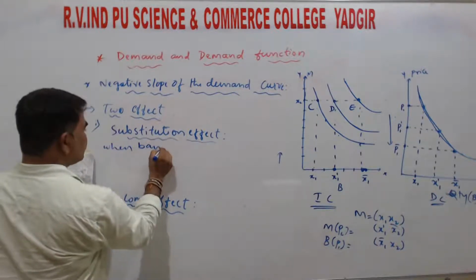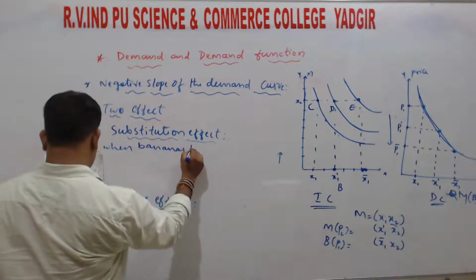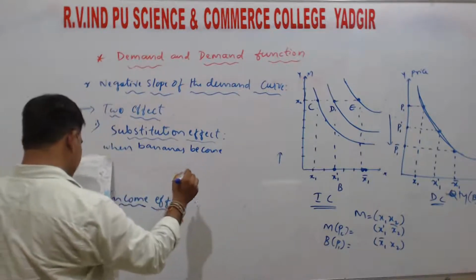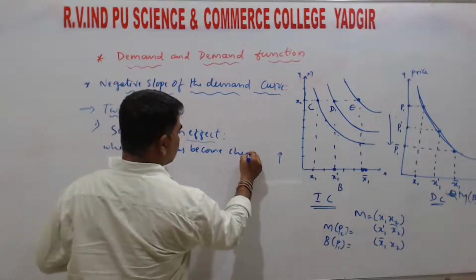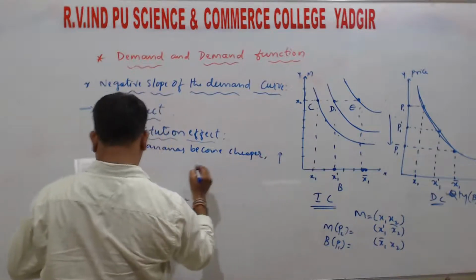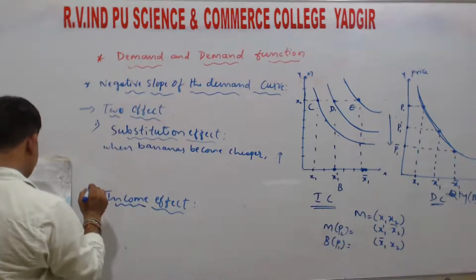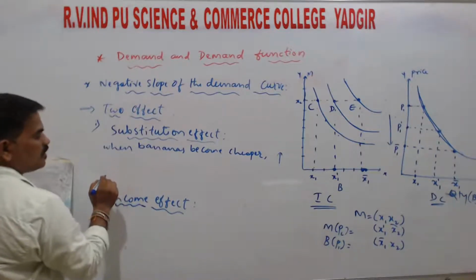When bananas become cheaper, it means a reduction in the price. The consumer maximizes his utility by substituting bananas for mangoes.